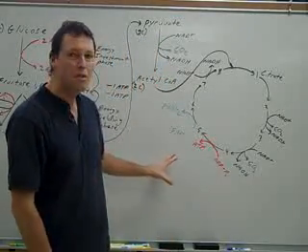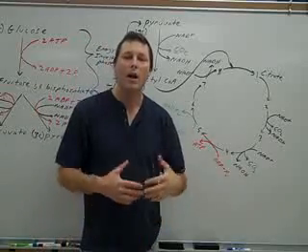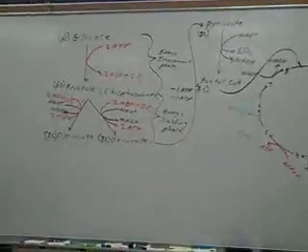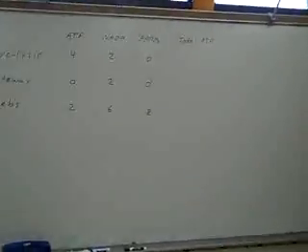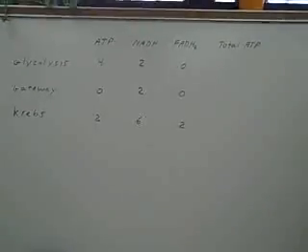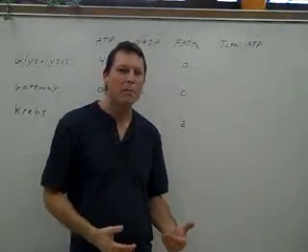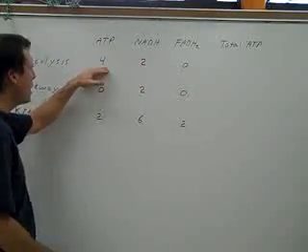Now, what we want to do at this point is tally up all our energy. So let's go ahead and tally up our energy. We're going to start with glycolysis.